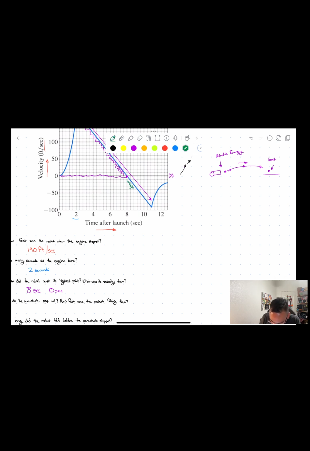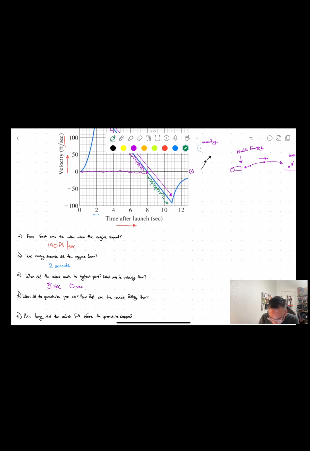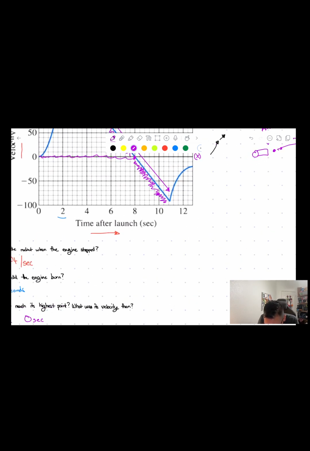So right over here, it keeps going all the way till it hits roughly about 10.8 seconds.